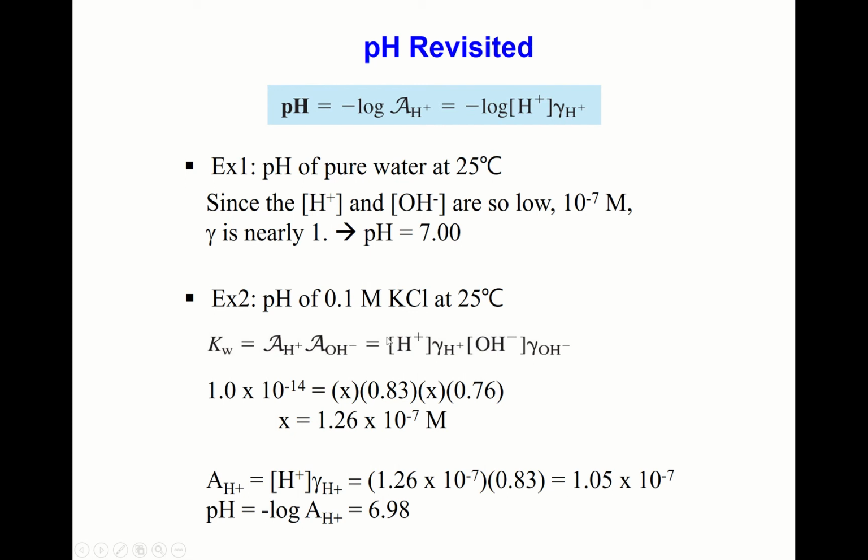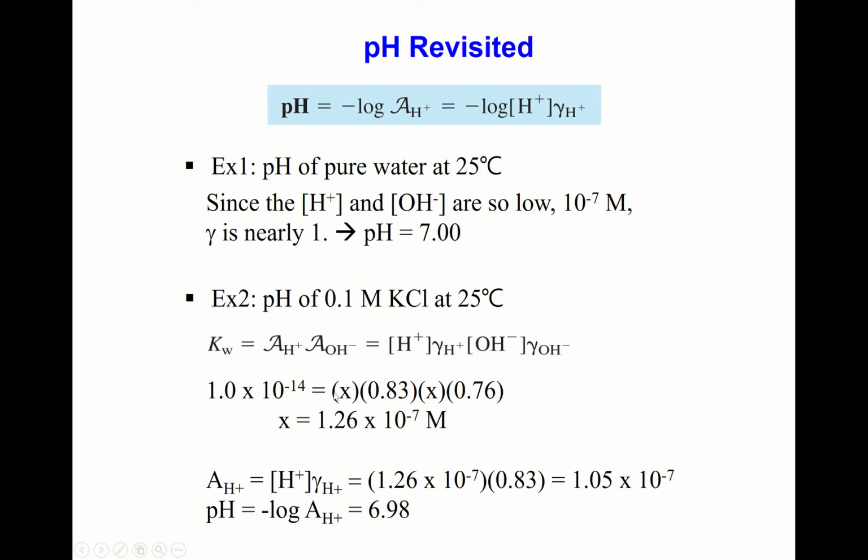Since the ionic strength of the solution is 0.1 molar, from the table we get the activity coefficient of proton, which is 0.83, and the activity coefficient of hydroxide ion, which is 0.76.